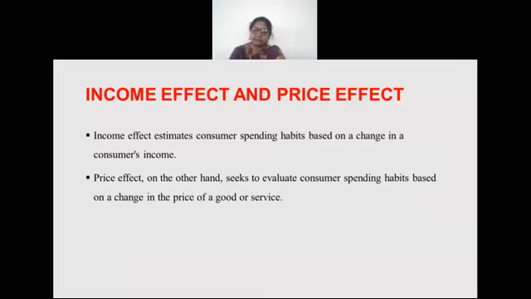Now 1 kg of apples is 300 rupees. The market rate is 300. The consumer asks the price, 300. So what is the lower-rate fruit? We'll purchase oranges, which are less, only 60, 70 rupees. After some 4-5 months, the rate of apples decreases to 100 rupees, 80 rupees.